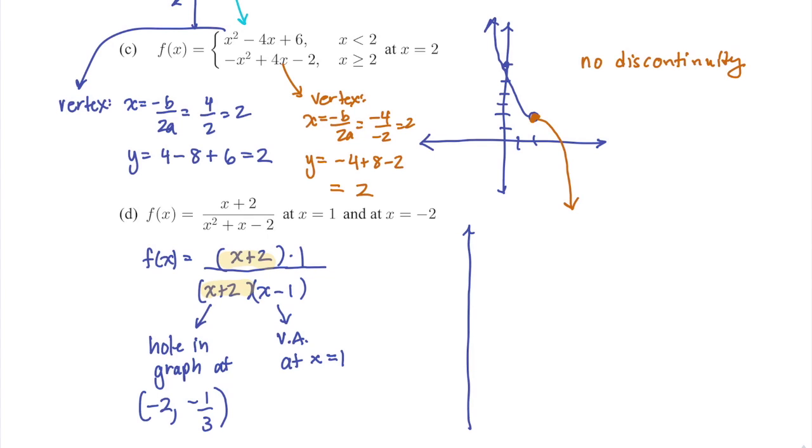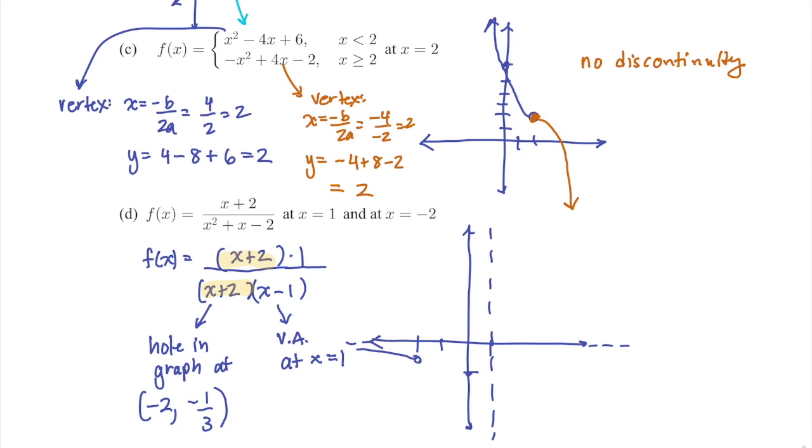So this graph has a vertical asymptote at 1, a hole in the graph at -2, -1/3, and again the degree of the denominator is greater, so I'll have a horizontal asymptote on the x-axis. The y-intercept would be, if I plug in x equals 0, I have 2 over -2, so -1.